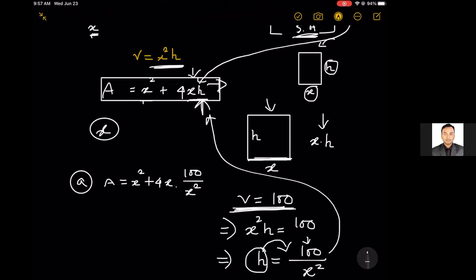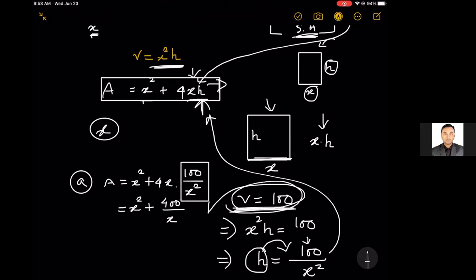Any question from this? Take your time, okay? We can, of course, simplify it. So one of these x's would be cancelled, so it will be 400 over x. But this is the value of h, which we have got using the volume, because it's been given.